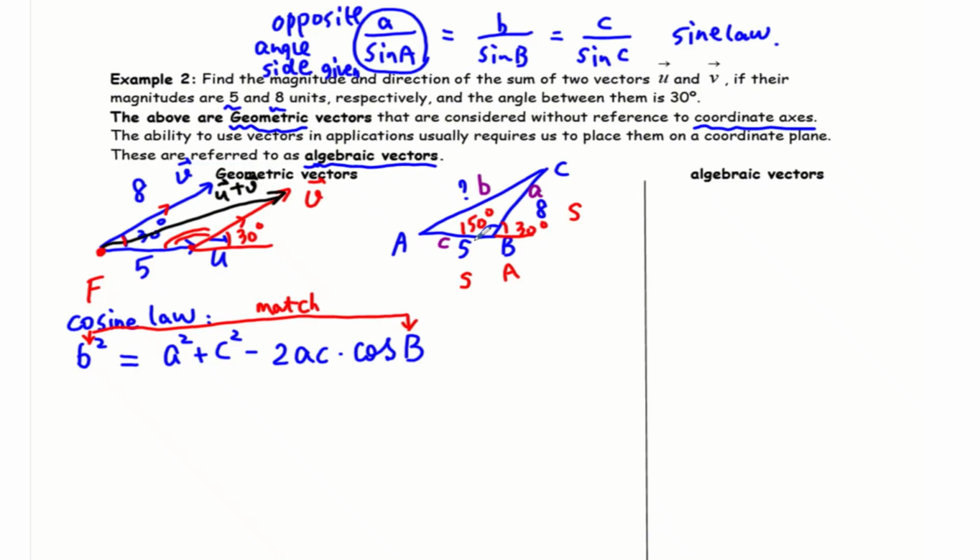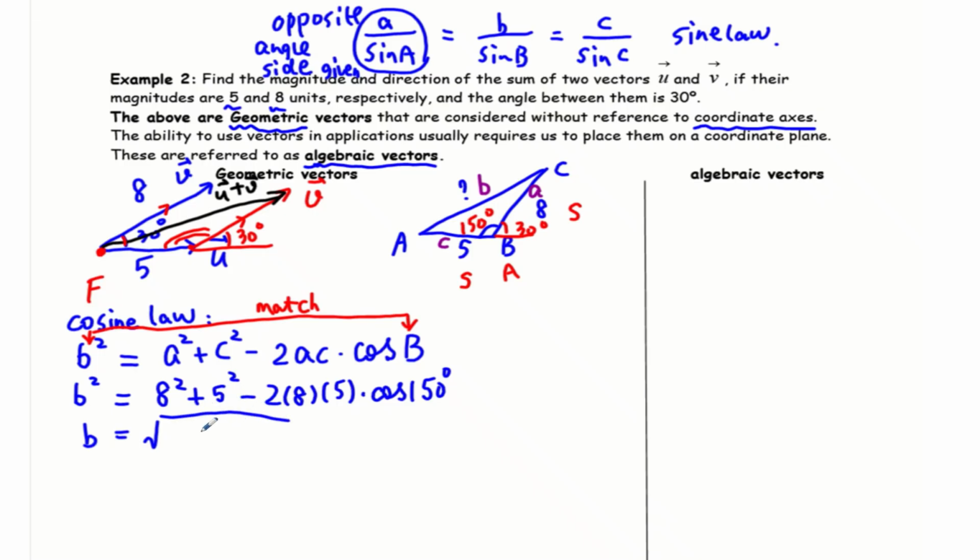Then we just sub in the given information. So b squared equals a is 8, c is 5, so 8 squared plus 5 squared, minus 2 times 8 times 5 times cosine 150 degrees. Just get your calculator out and find the square root of whatever this one is. 158.2820.